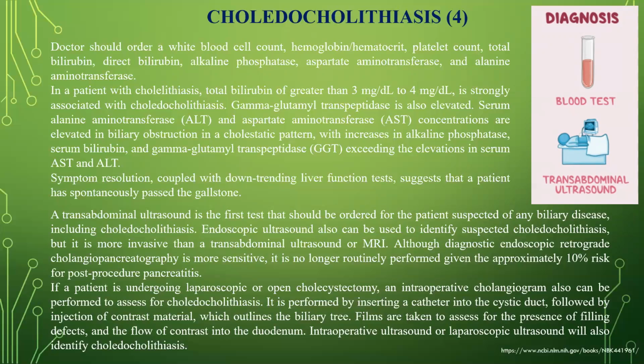For example, alkaline phosphatase in a patient with bile system problems is usually a sign of possible obstruction of the bile ducts and retention of the bile. Direct bilirubin and total bilirubin will help you understand the nature of the jaundice.